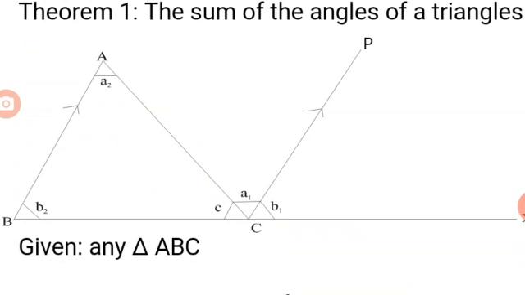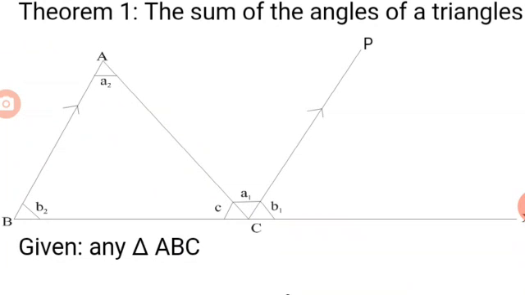Now, we also have A1 and B1. Angles A1 and B1 are the exterior angles of triangle ABC.